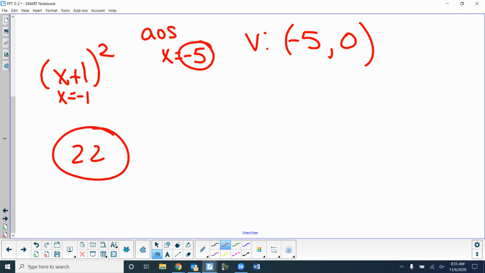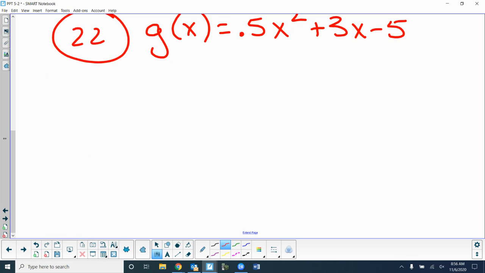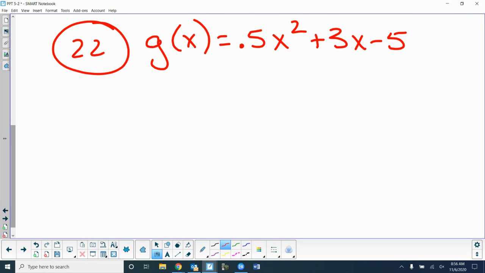G of x is 0.5x squared plus 3x minus 5. I have a graph on the other page.